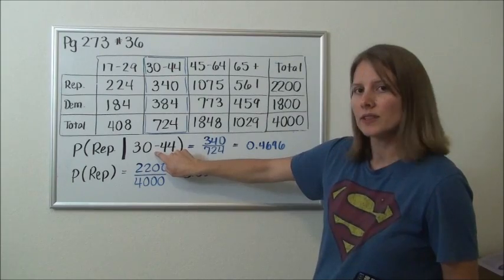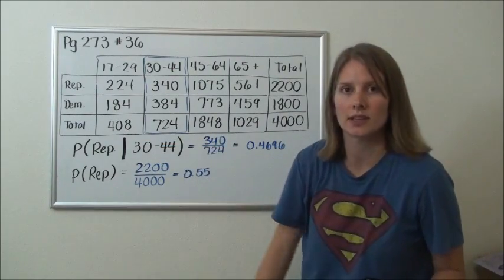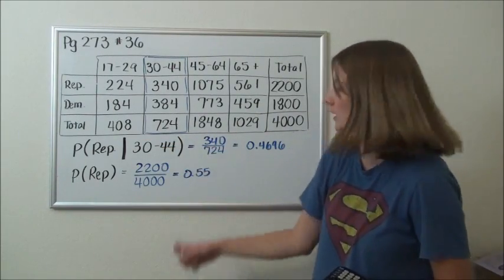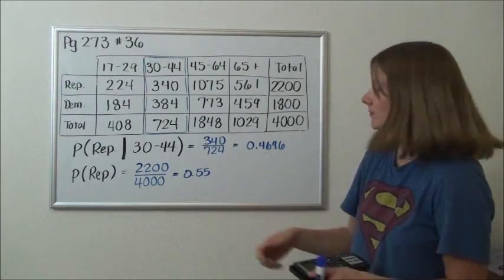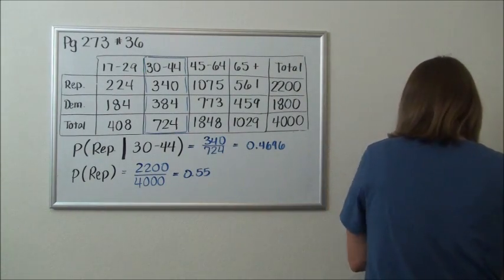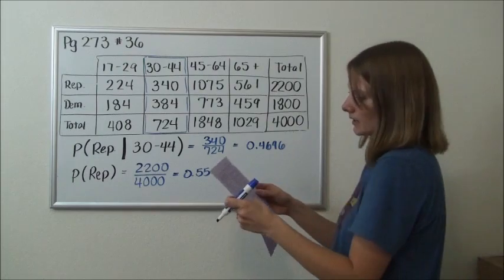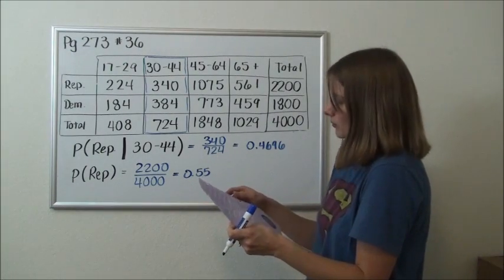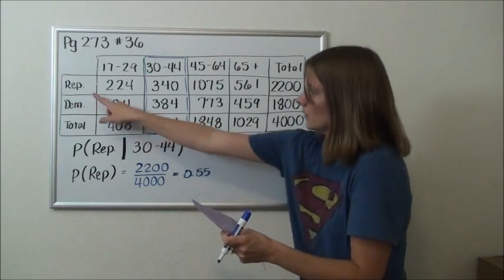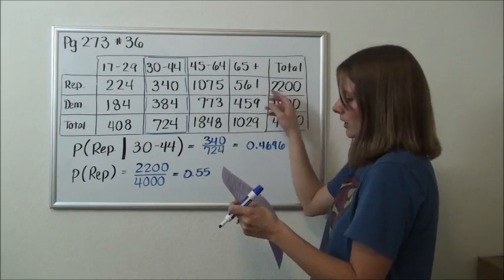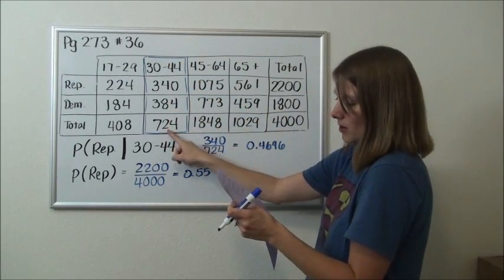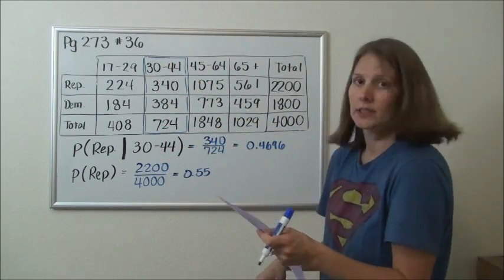When I know that this has happened, it changes the conditions. It changes the probability to something different. So for part A, they say, are the events Republican, which is this row, and 30 to 44 years old, which is this column, independent? I would say no, they're not.